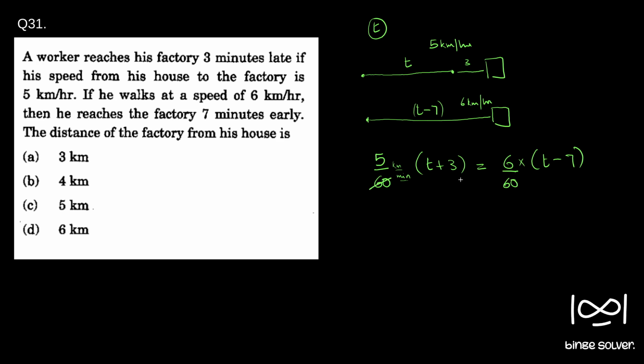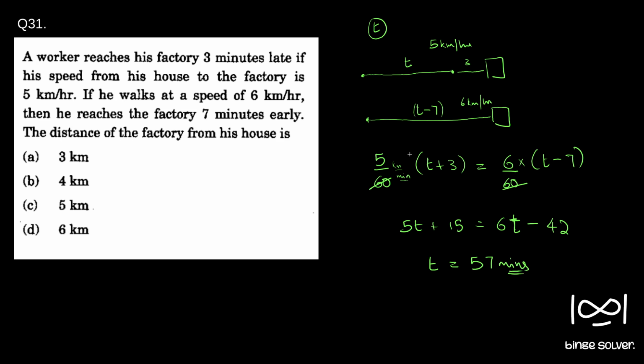As you can see, 60 cancels. So 5t plus 15 is equal to 6t minus 42. If you bring t to one side, we get t is equal to 42 plus 15, which is 57 minutes. So we got our t.